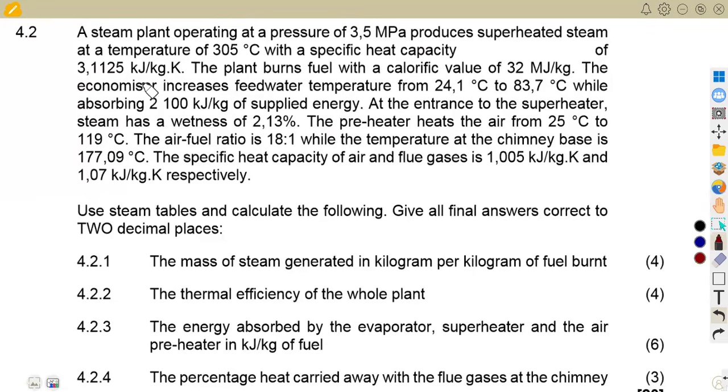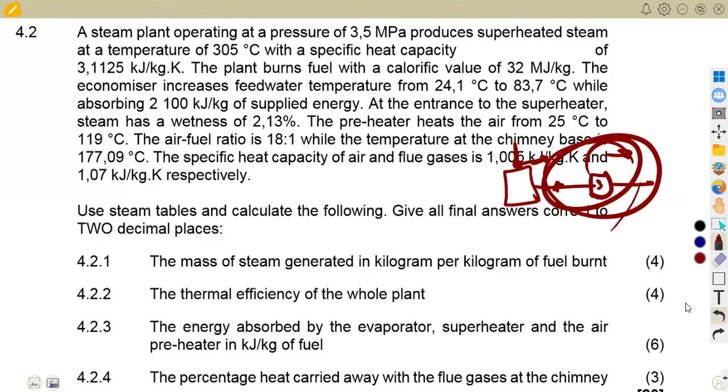We are given this whole information. A steam plant operating at a pressure of, so it's a steam plant. This is the operating pressure, the pressure at the superheater. This pressure affects two things: the output of the boiler, which is the input of the superheater, and the output of the superheater.